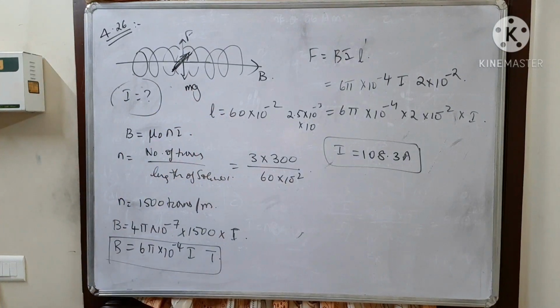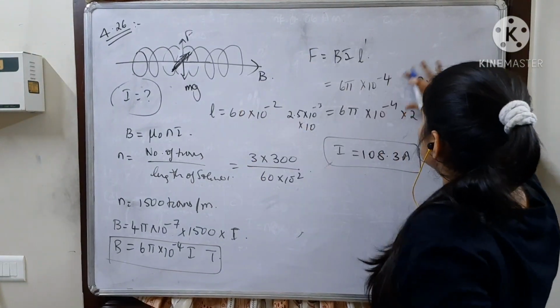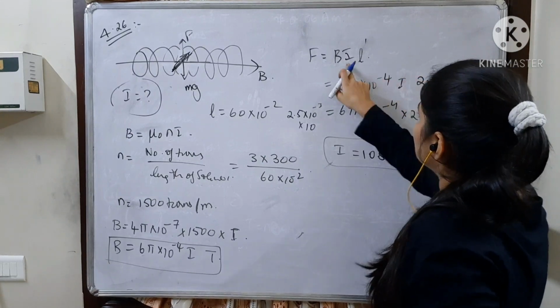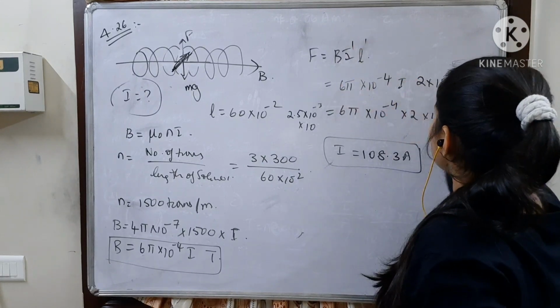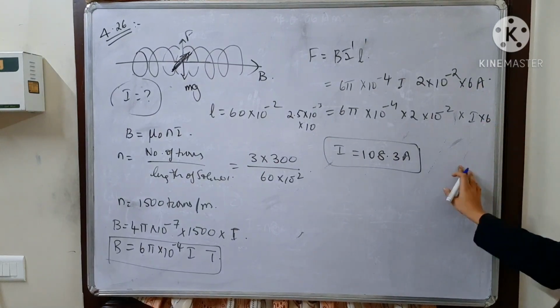So this is how you will solve this question. This current is the current of the wire inside this. Sorry, not this one, this I dash. Instead of I dash, I will multiply 6 ampere current. So one more 6 will be multiplied here.